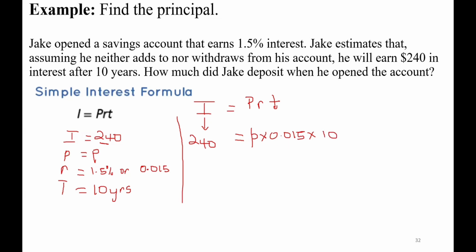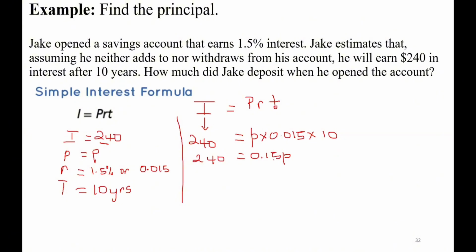So now that I have substituted all of those values in the equation, we are going to simplify the right-hand side so we can try and find P. 10 times 0.015 is going to be 0.15, times P is going to be P, so it's 0.15 P. Let me bring this back down.